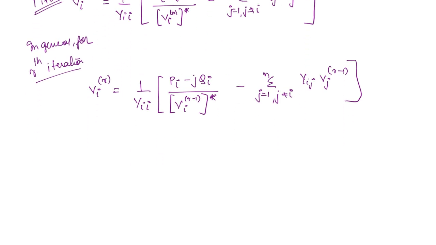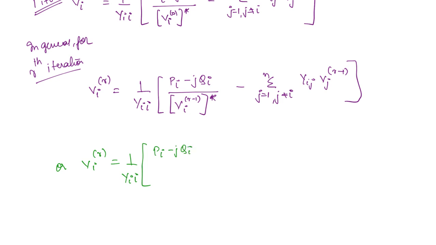So you can in fact write this down also. V_i of r is equal to 1 by Y_ii times (P_i minus jQ_i divided by V_i r minus 1 conjugate minus, from j equal to 1 to i minus 1, you will have the rth iterations.